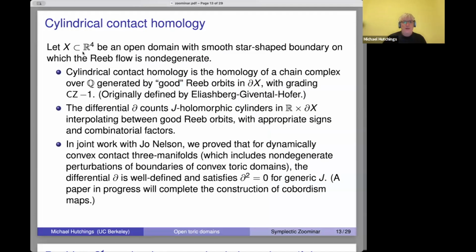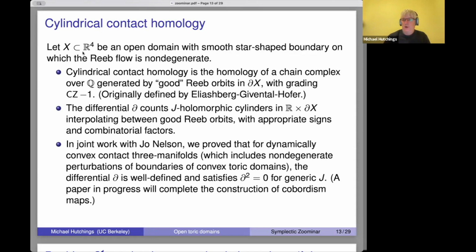Okay, so cylindrical contact homology. Let's consider an open domain in R^4 where the boundary is smooth and the Reeb flow is non-degenerate. The cylindrical contact homology is the homology of a chain complex which is generated over Q by Reeb orbits which are good. All of the Reeb orbits we're going to be talking about are good.